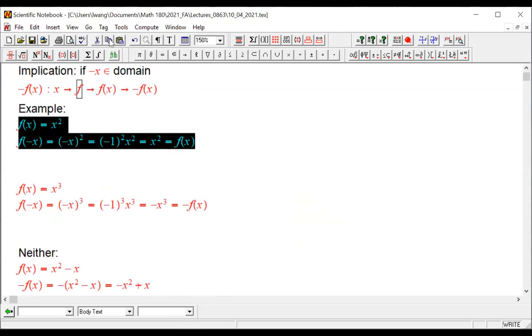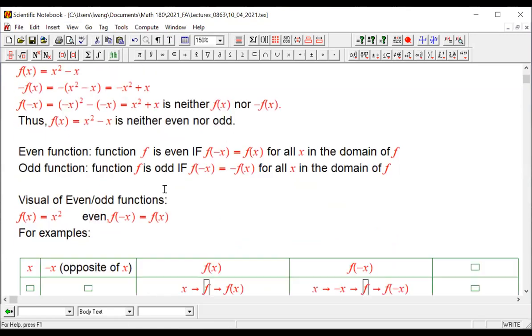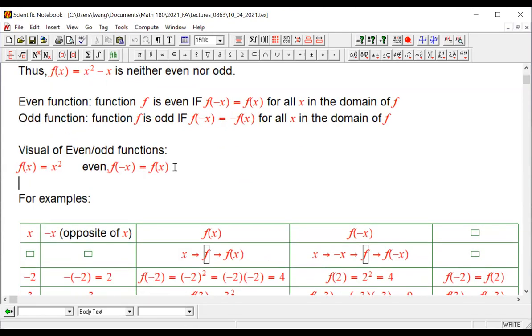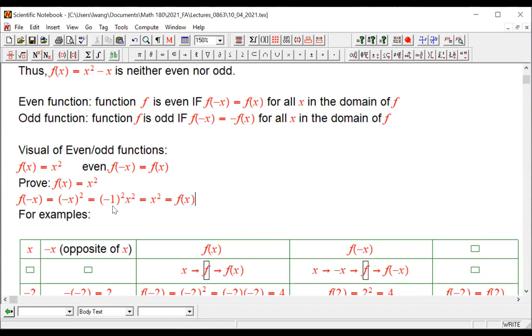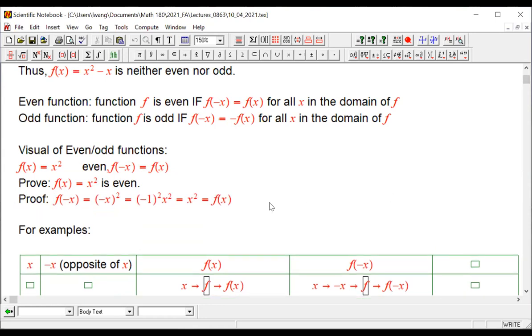This is actually the proof. If someone asks you to prove that it's even, this is the proof, even though the proof is very short.